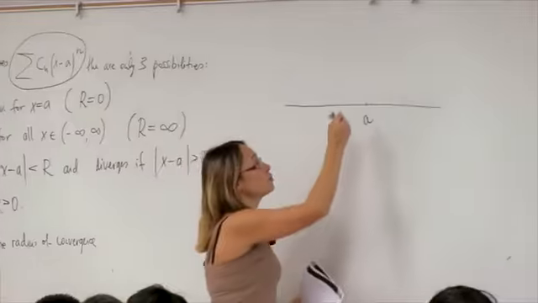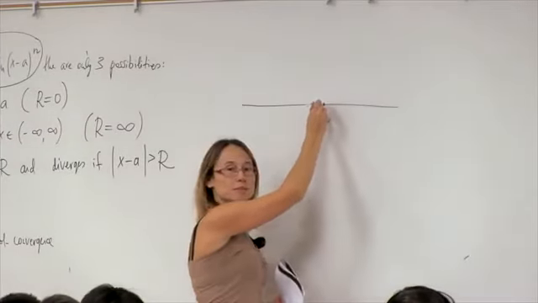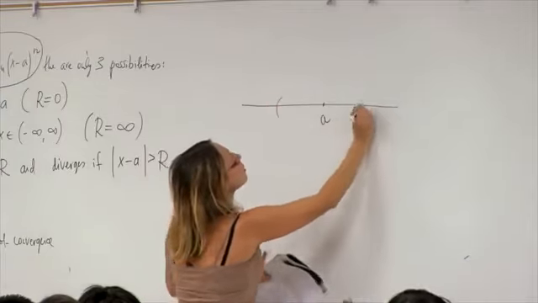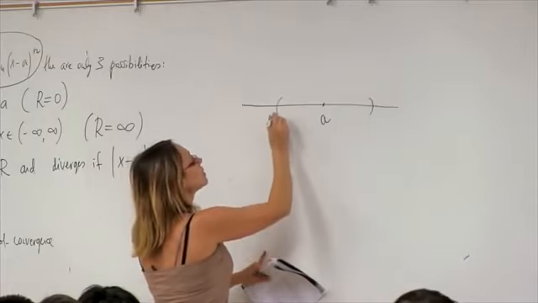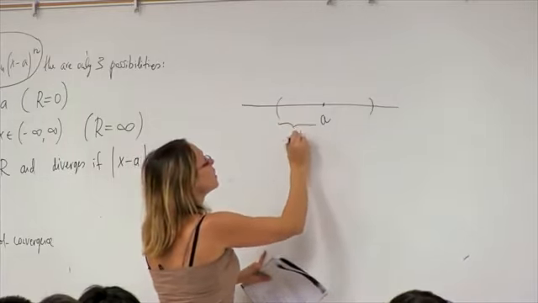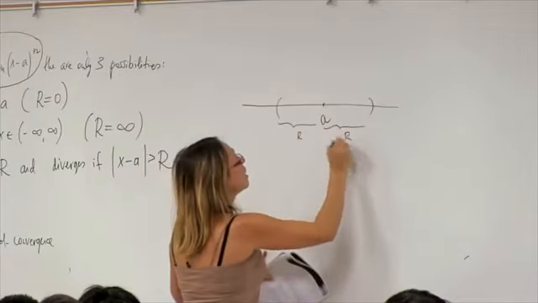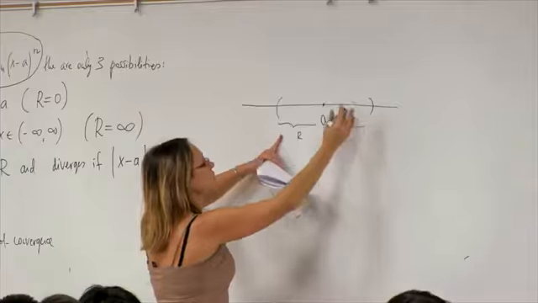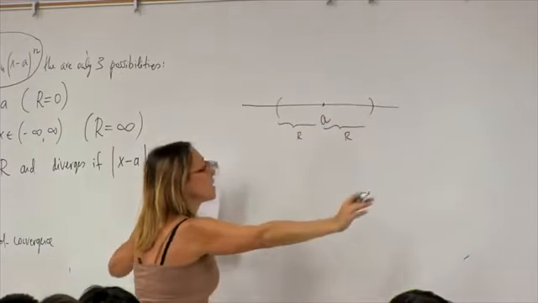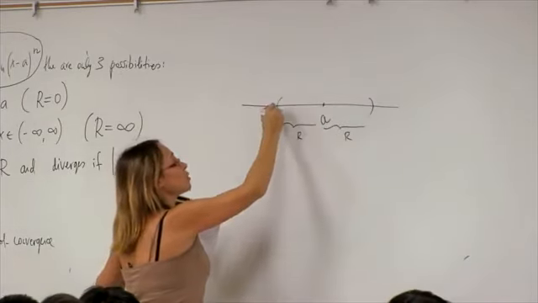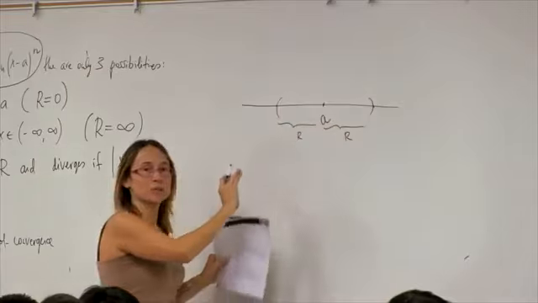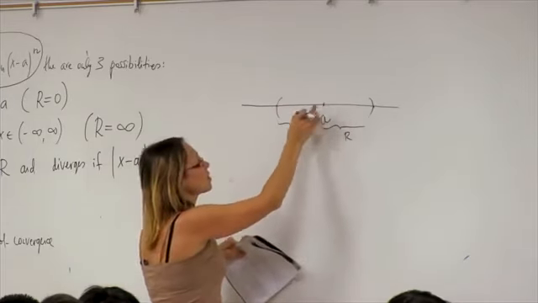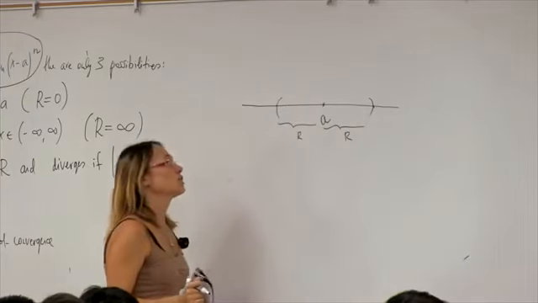Either the series converges when x is exactly equal to this guy, or everywhere, or you can draw an interval. So this distance is r around this guy, and inside this interval the series converges. Outside it diverges, and at the moment it's not clear what happens at the borders. So the radius of convergence is the size of this interval.